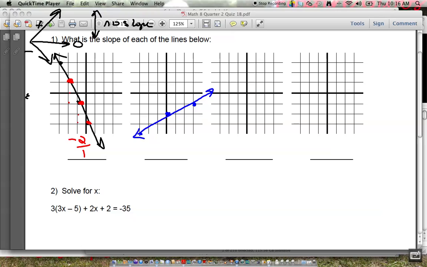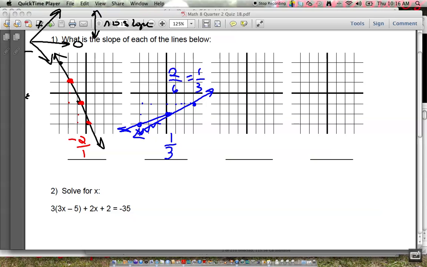Now I just need to count spaces. I'm going up 1 over 3. I could also look at it as up 2 over 6. But whether you write 2 over 6 or 1 over 3, it's the same exact slope. So 1/3 is that slope.